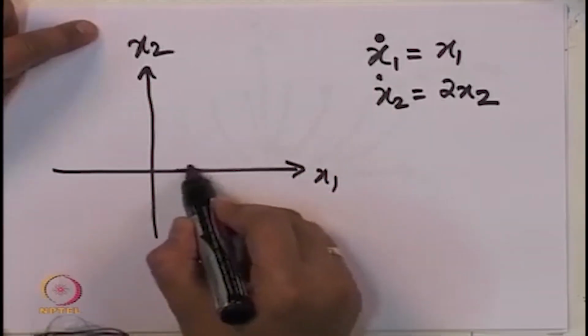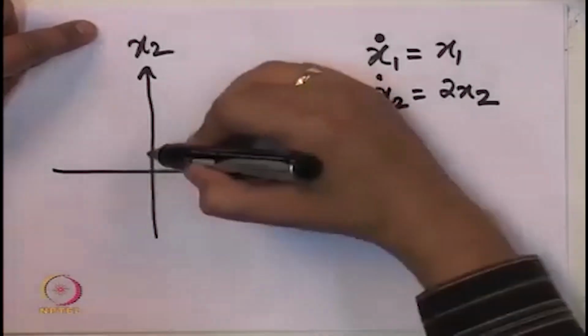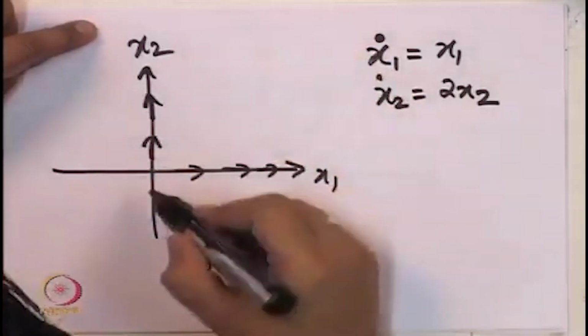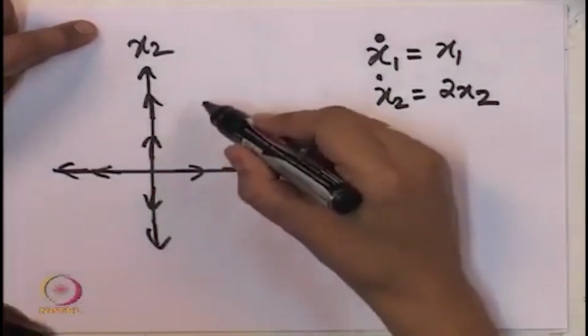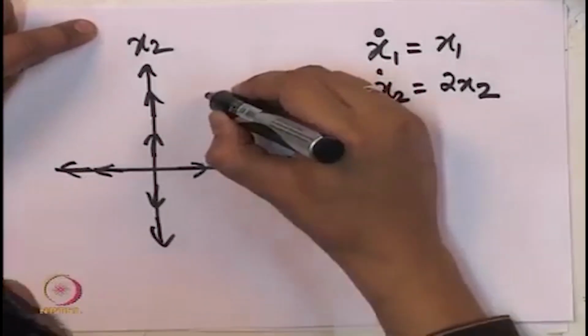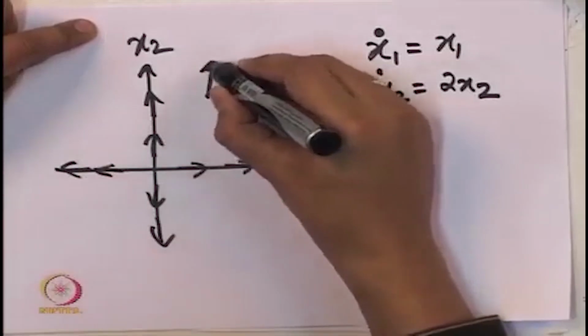Here along the x1 axis all arrows are directed away, along the x2 axis also all arrows are directed away, and at any other point, let us say 3, 4, we can draw the arrow.